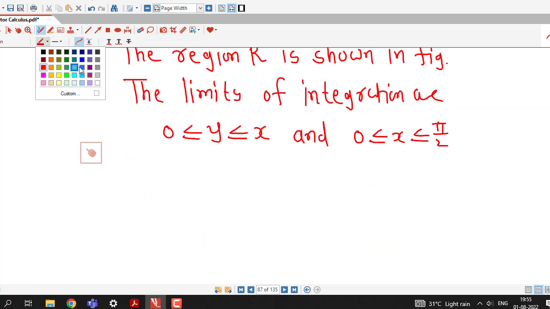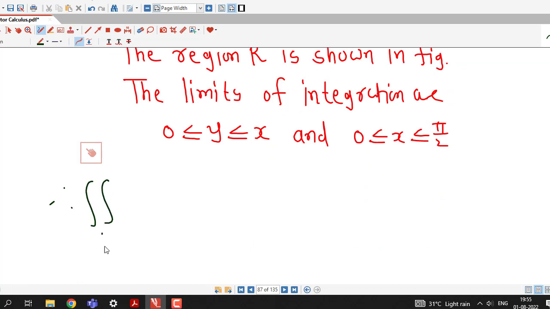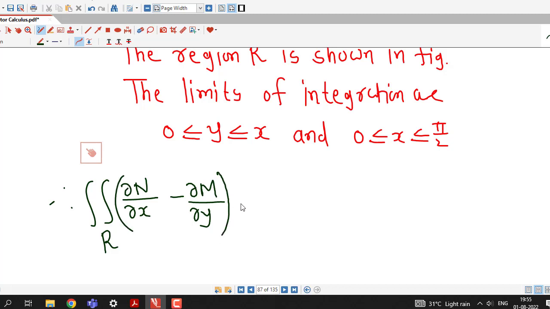And now we evaluate the double integral over given region R. Double integral of del n by del x minus del m by del y, and we have taken order of integration as first with respect to y, then with respect to x.